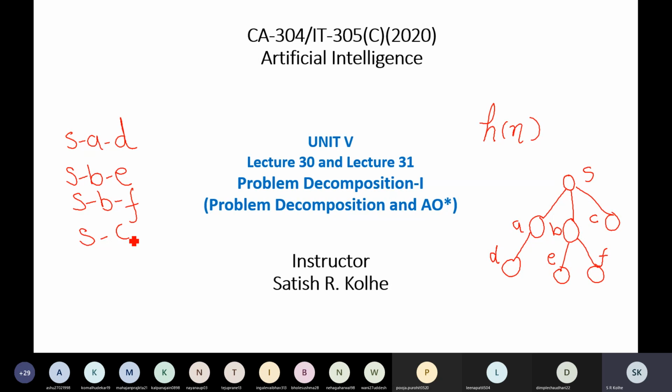You can go to the goal through S-A-D or S-B-E or S-B-F or S-C. Such a search space is called an OR type of search space, or such a graph is called an OR graph. Why is this name given? Because all these arcs are OR type of arcs. You can reach the goal through SA or SB or SC.